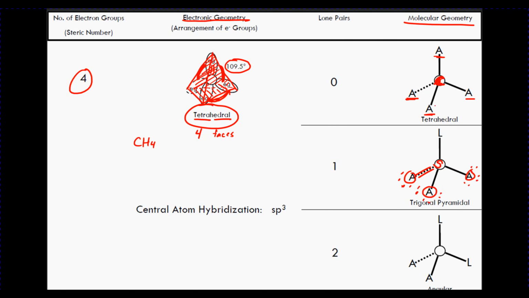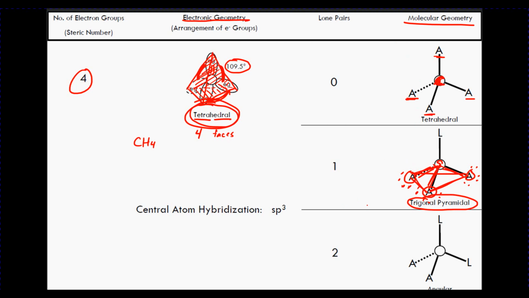For molecular geometry, we're only concerned about the actual geometry formed by the atoms, ignoring the lone pairs. So here, trigonal pyramidal. You can see that's what a trigonal pyramidal looks like. So our answer is electronic geometry tetrahedral, molecular geometry trigonal pyramidal.